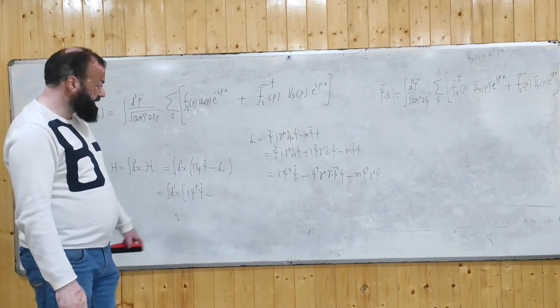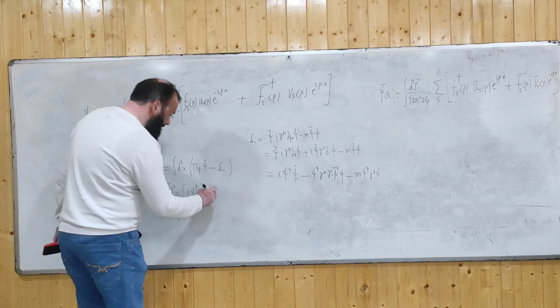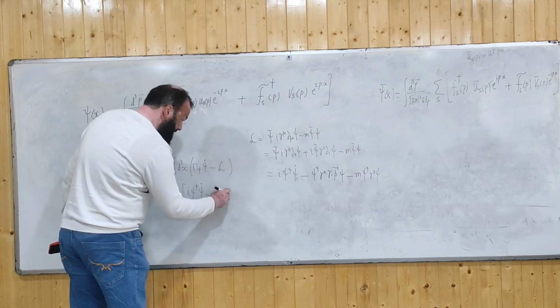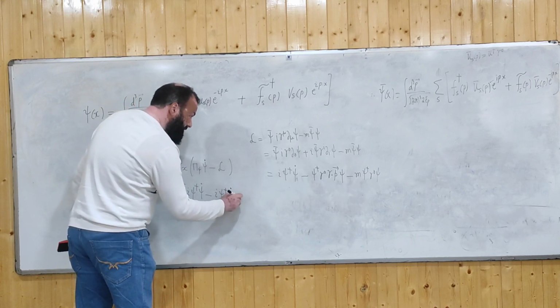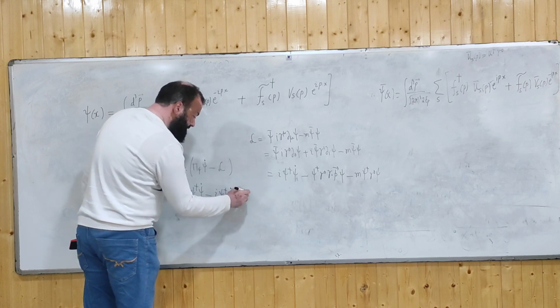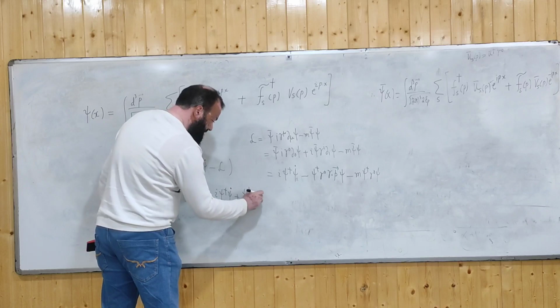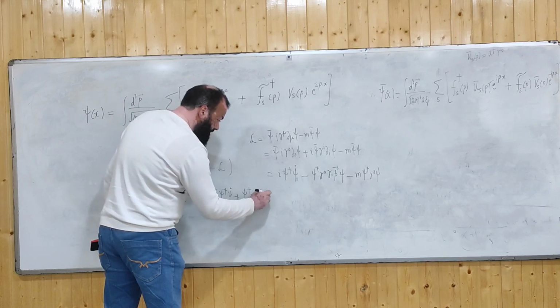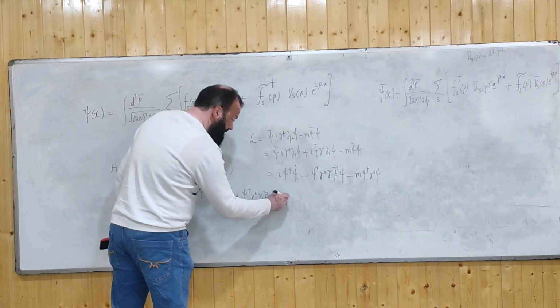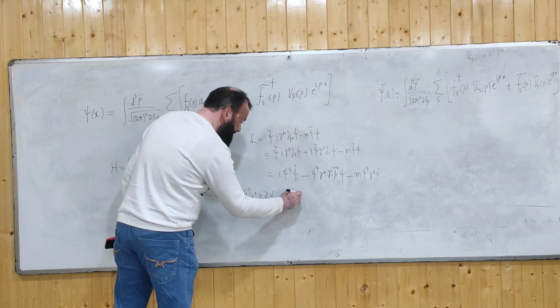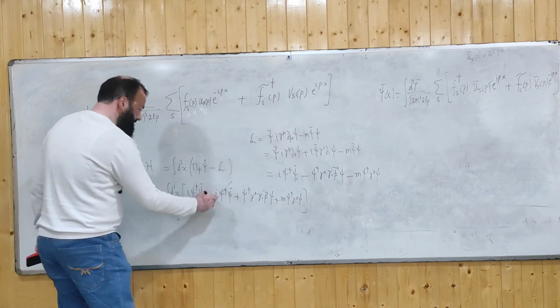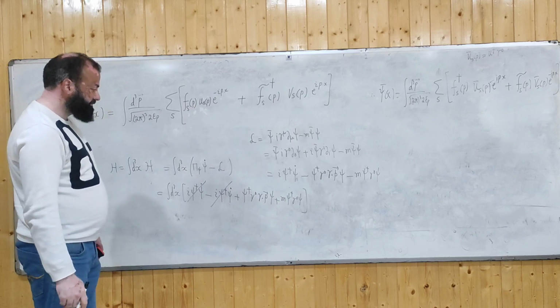So now use it here. So you have i. Have I done anything wrong? So plus psi dagger gamma naught gamma dot p psi plus m psi dagger gamma naught psi. So this term cancels with this thing.